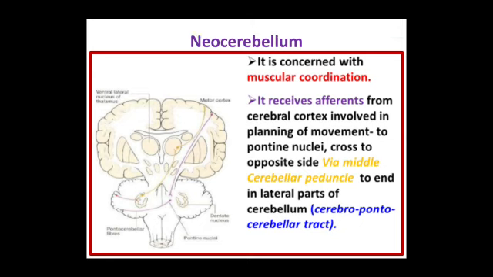It receives afferents from the cerebral cortex involved in planning of movements to pontine nuclei, cross to the opposite side via the middle cerebellar peduncle to end in lateral parts of the cerebellum, that's the pontocerebellar tracts.